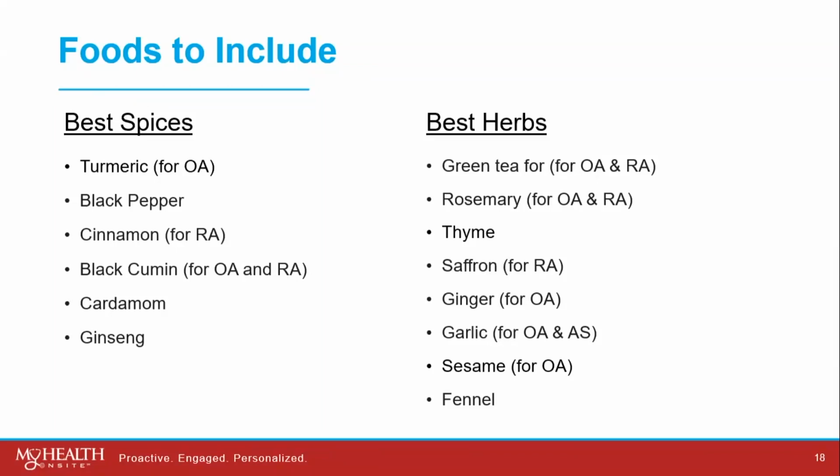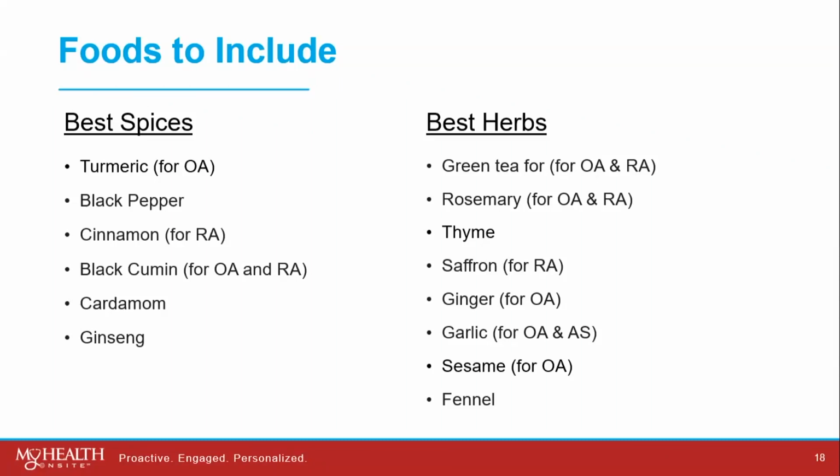So green tea, we've heard of for its many anti-cancer benefits, contains many polyphenols. One of the most popular ones being the epigallocatechin 3-gallate, which is EGCG. And EGCG in green tea appears to be beneficial for those with osteoarthritis and rheumatoid arthritis.